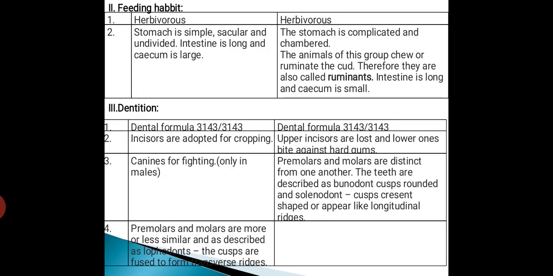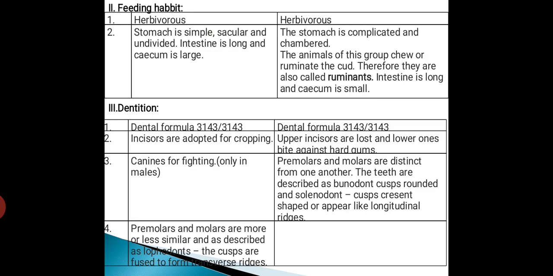Coming to the other features, first is the feeding habit, wherein Perissodactyla are herbivorous, and Artiodactyla are also herbivorous. In Perissodactyla, the stomach is simple, saccular, and undivided, the intestine is long, and the cecum is large. In all herbivorous animals the intestine is usually longer, whereas in carnivorous animals the intestine is greatly reduced.